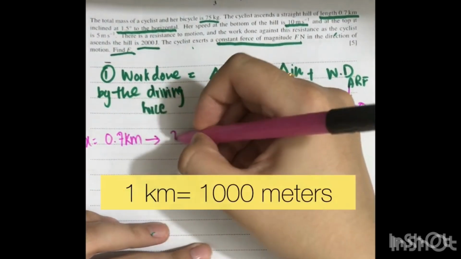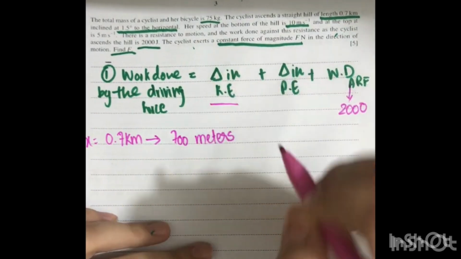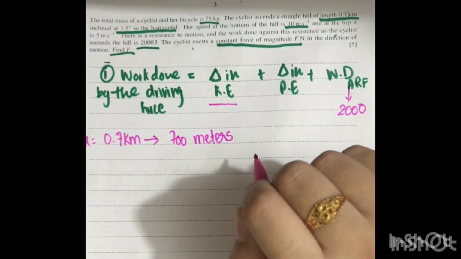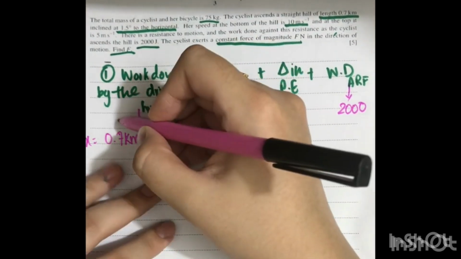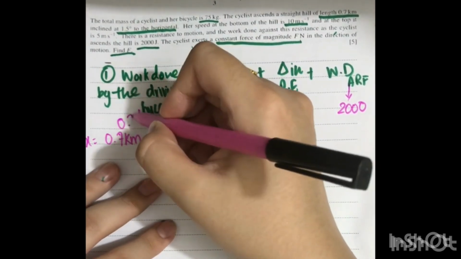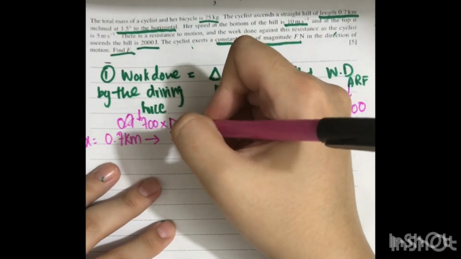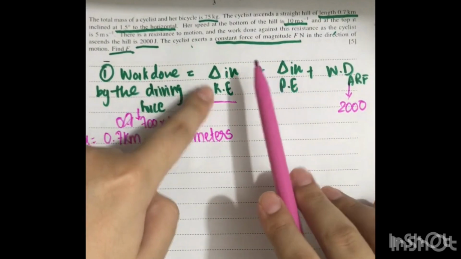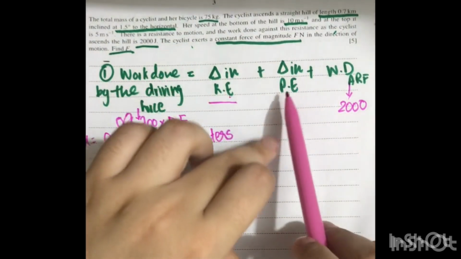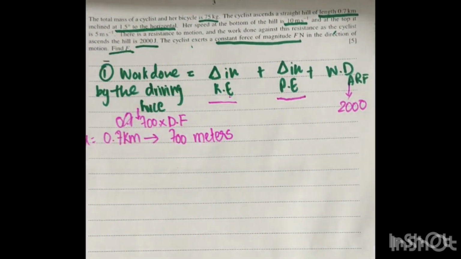So this is 700 meters. Now we also know that work done by the driving force is the distance traveled, 700 meters, multiplied by the driving force. So if we find the change in kinetic energy and the change in potential energy, we can find the driving force.